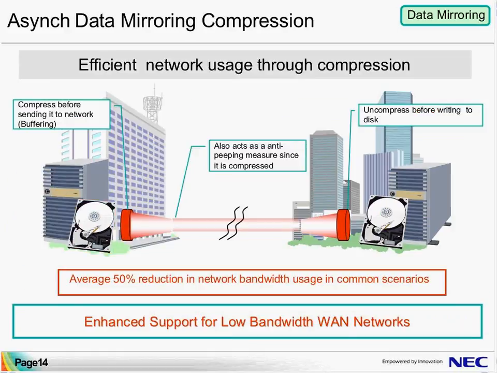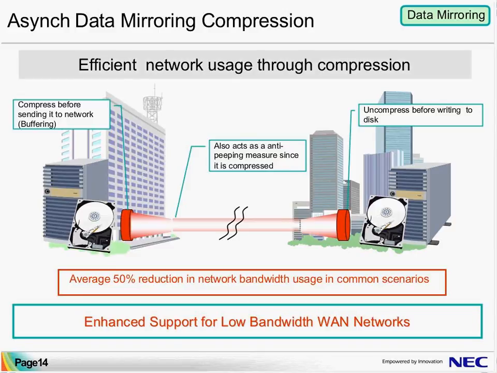And the third enhancement is related to asynchronous data mirroring mode. This is a capability available in the ExpressCluster WAN edition. ExpressCluster WAN edition supports asynchronous data mirroring, especially suited for less predictable or more bursty network environments, sometimes found in wide area network or internet environments.